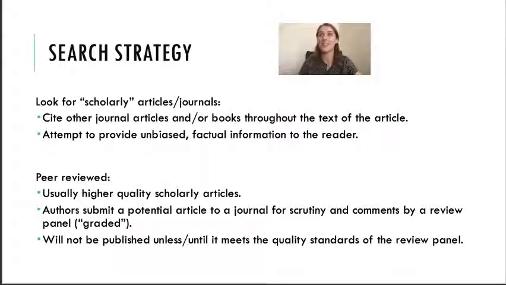We can find bias in our scientific papers, but the peer review process is meant to eliminate that as much as we can. Remember that peer-reviewed articles are usually of higher quality. They've been overviewed by other professionals in the field. It's like grading their work, scientists grading other scientists. We'll be looking for peer-reviewed papers because that's our best quality science.